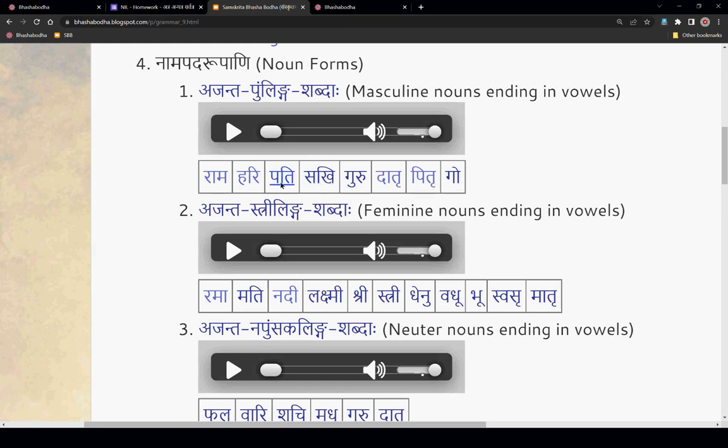For example, Hari, Pati or Pati, Sakhi, they look the same. Both end in i, and in the vibhakti tables somewhere there's a slight difference. If you can remember it when you're using it, it's fine. All the vibhaktis are not different, all the forms are not different. Only certain forms here and there are different. But mostly 90%, 95% it is the same.